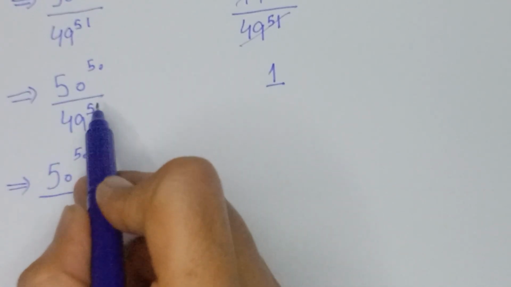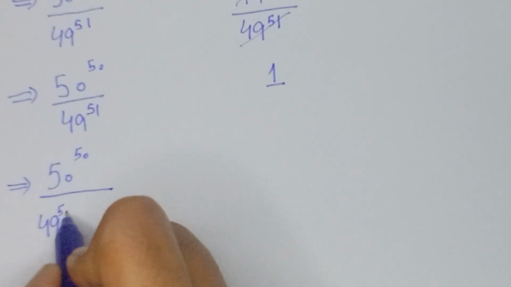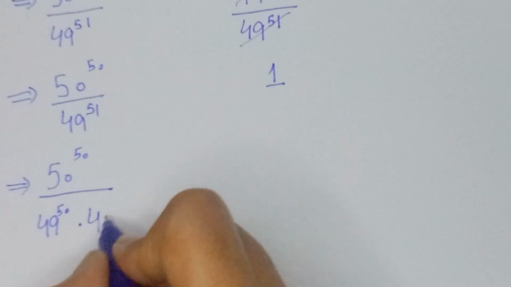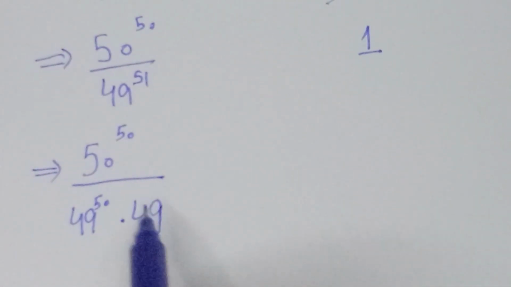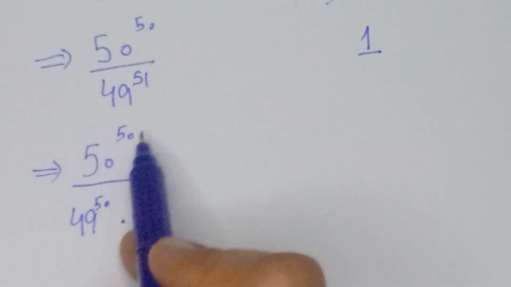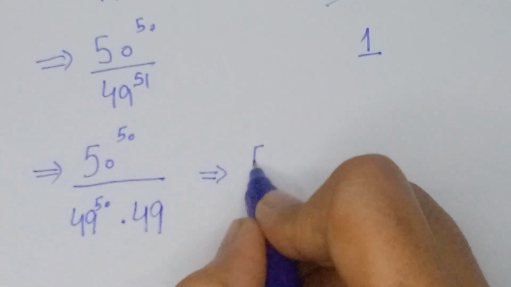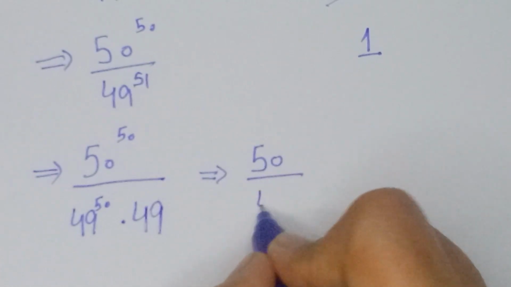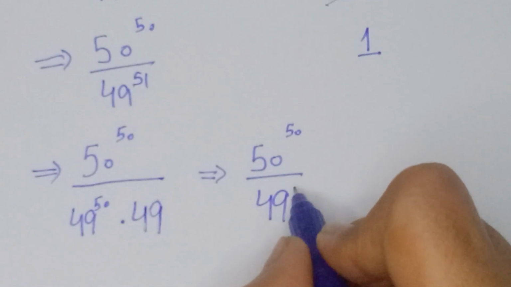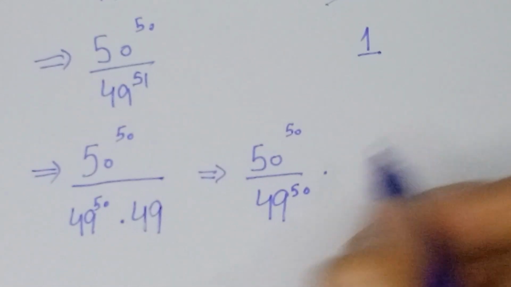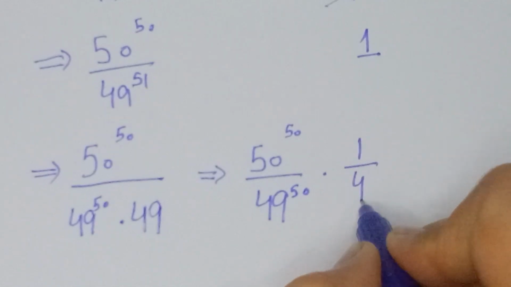Now 49 to the power of 51 can be written as 49 to the power of 50 into 49. Now you can see the same exponent here and here. So we can write it like 50 to the power of 50 and 49 to the power of 50, times 1 over 49.